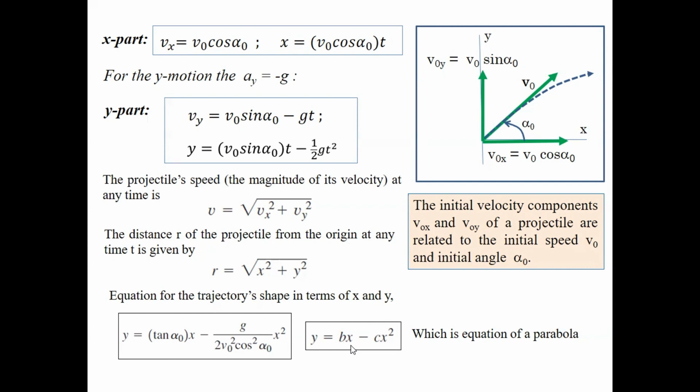But it is not a straight line, it is a straight line minus this thing, which is the parabola. So this whole equation is a parabolic equation, which is the trajectory. When I plot it on an x and y plot, I get a curve which is looking like a parabola.